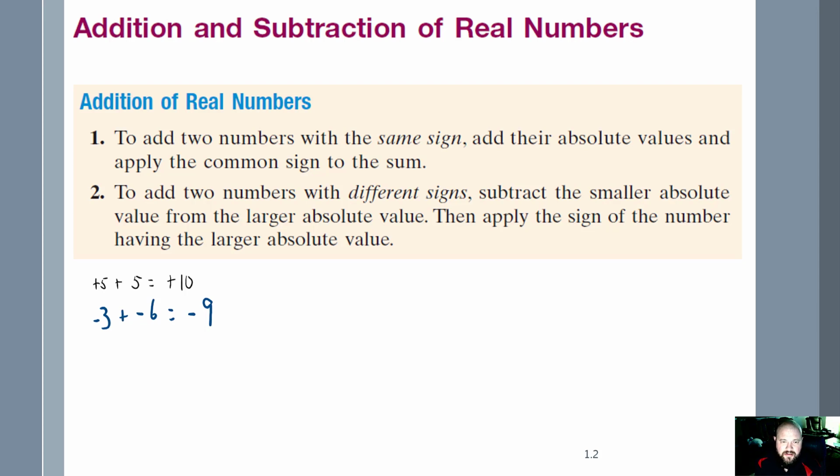The second part here says, to add two numbers with different signs, subtract the smaller absolute value from the larger absolute value, then apply the sign of the number having the larger absolute value. So different signs.